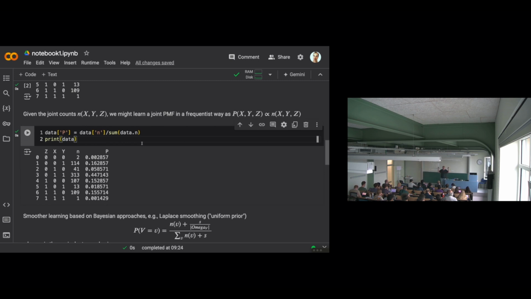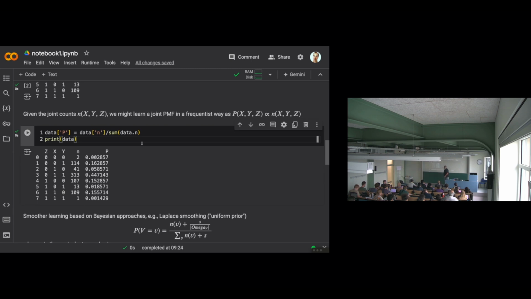But imagine that we have 10 or 20 variables. Probably we are not going to have enough data for all the possible joint states of our model. Maybe in some cases we have 0 count. A frequentist approach will learn a 0 probability, but probably this is not an impossible event.